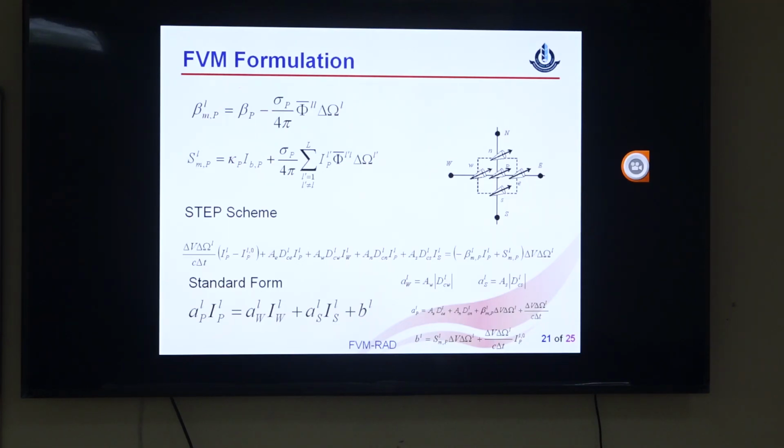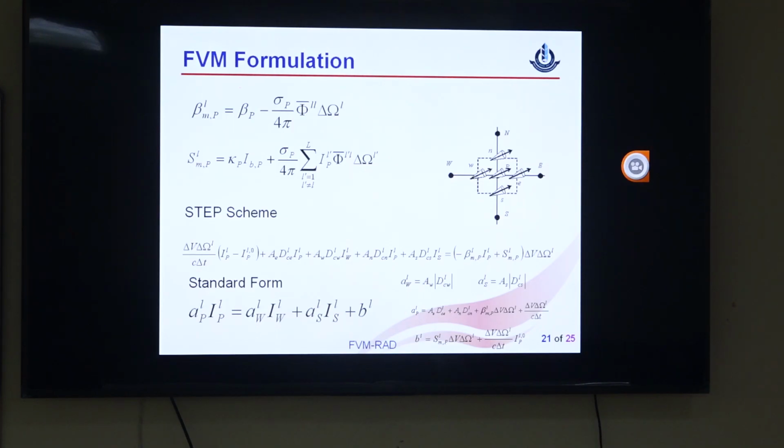Then our modified extinction coefficient and modified source term. And then while solving this equation, because we have so many unknown terms, a step scheme we use is very similar to our upwind scheme in the convection diffusion problem, CFD problem. So that has been applied here. Means upstream value prevails.